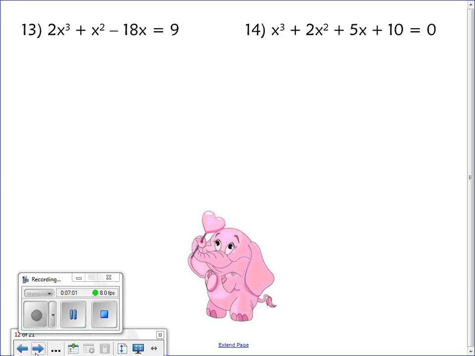All right, number 13. What do you want to do first? Good. Minus the 9. We got to set it equal to 0. So 2x cubed plus x squared minus 18x minus 9.